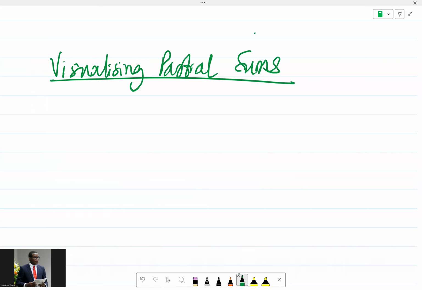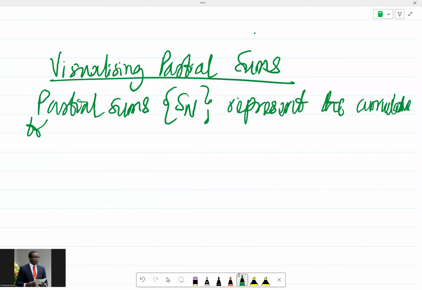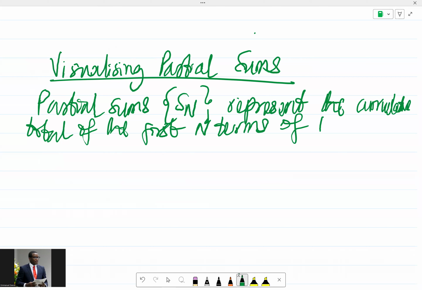Let's see how that works. Partial sums, represented by Sn, represent the cumulative total of the first n terms of the series.